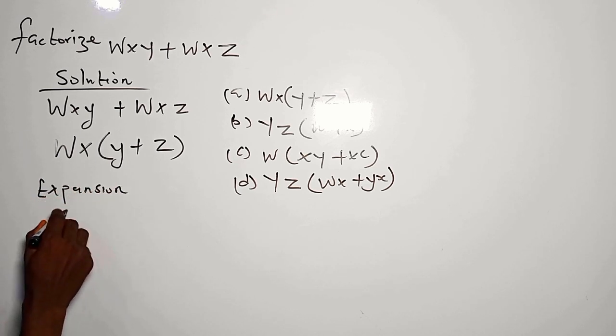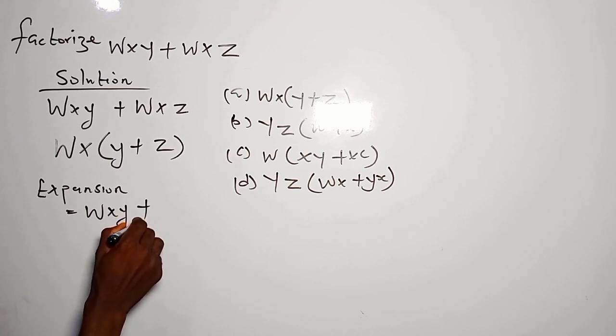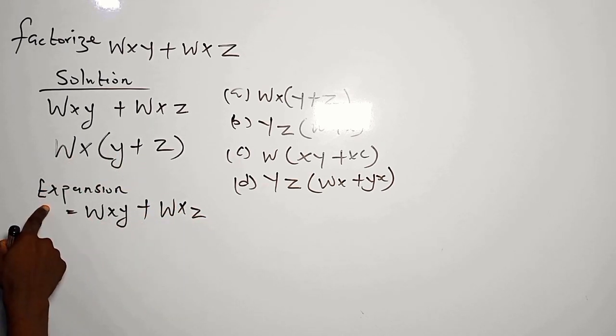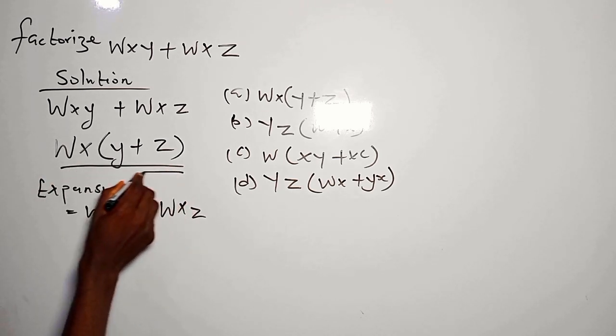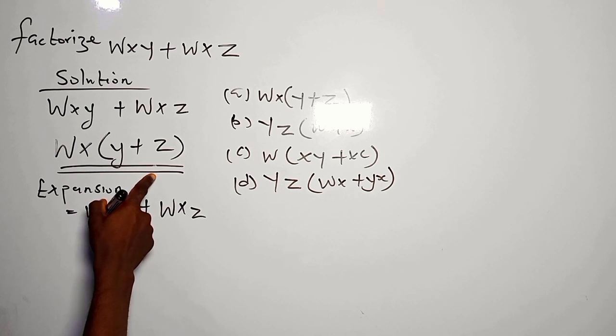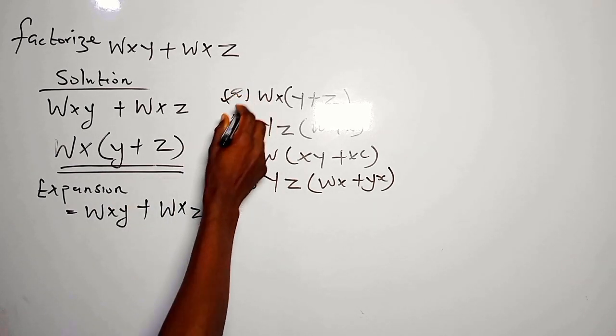We have wx times y, wxy, plus wx times z, wxz. So the answer is wx(y plus z) when we factorize this. So the best answer is option A.